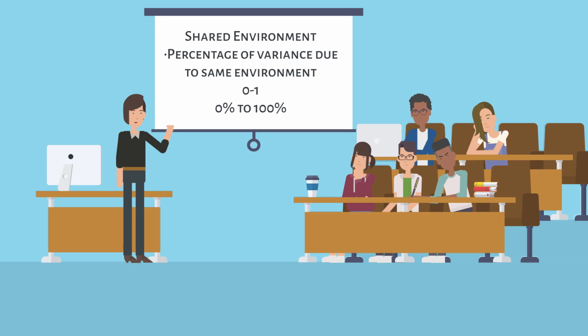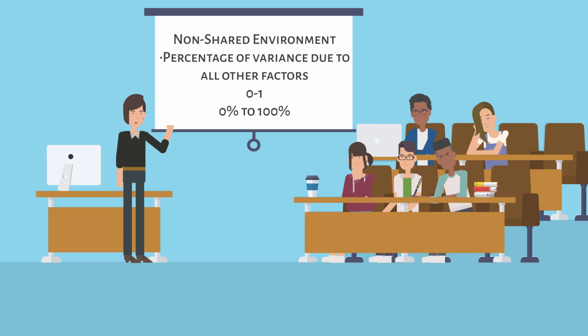So if you are different from your brother because you got hit by a snowball, or you got the flu one day, or somebody bullied you, or you won the lottery, that's non-shared environment. And together, this is it. Everything is either heredity, shared environment, or non-shared environment.